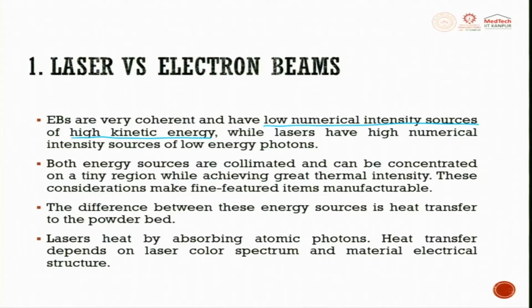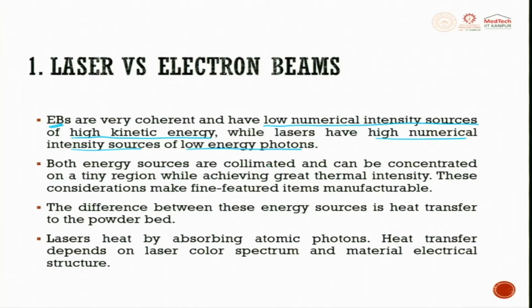So, when it hits a powder, immediately the temperature of the powder goes high and it starts melting. While laser has a high numerical intensity source, but low energy photons. So, this is why electron beam is more preferred as compared to laser, but laser has its own advantage which you will be able to appreciate while going through this lecture.